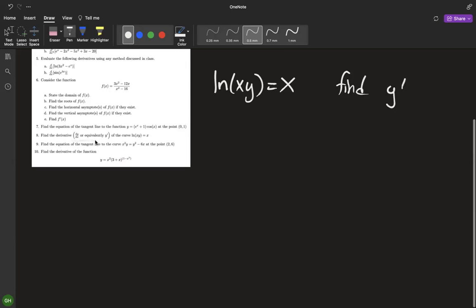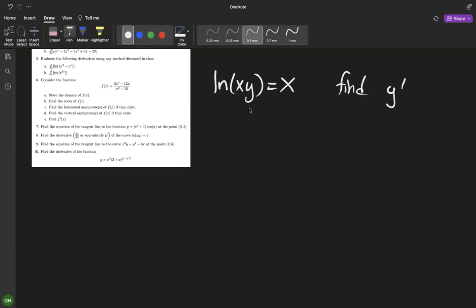Find the derivative dy dx or equivalently y prime. The reason I'm saying this is because when I say the derivative, it doesn't really make sense in a vacuum. I kind of have to tell you what variable we're deriving with. And this is me telling you that that variable is x.